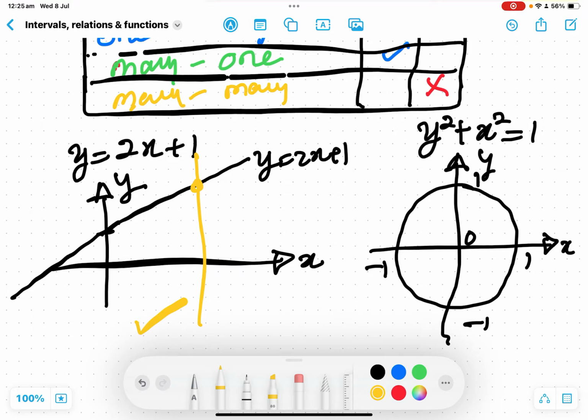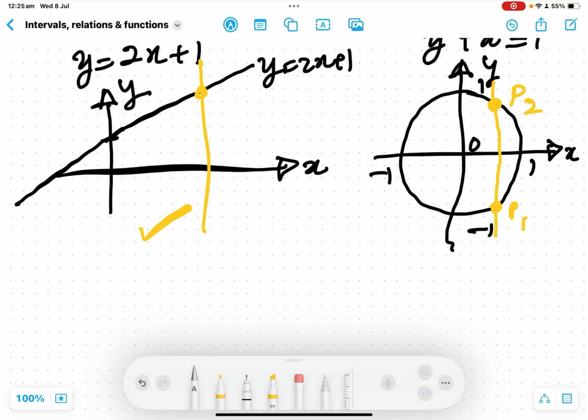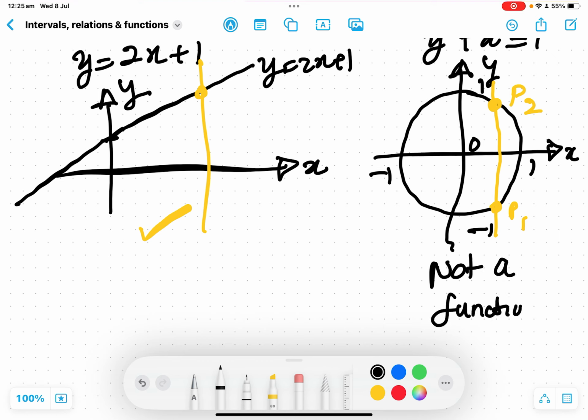And if I draw a vertical line parallel to y-axis, the vertical line cuts the graph at point 1 and point 2, so in 2 points. Therefore this is not a function, but this is a function.